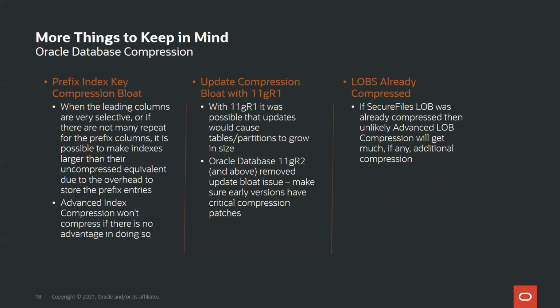Some more things to keep in mind. There's something called prefix index key compression bloat. Now, as I mentioned, there's a free version of index compression that's included with Enterprise Edition. It's called prefix key compression. It is possible with the free version that the amount of overhead it takes to manage the compression will outweigh the amount of compression you will get.